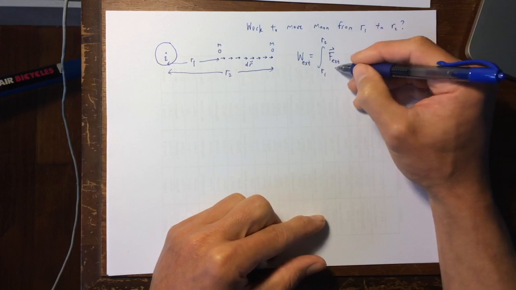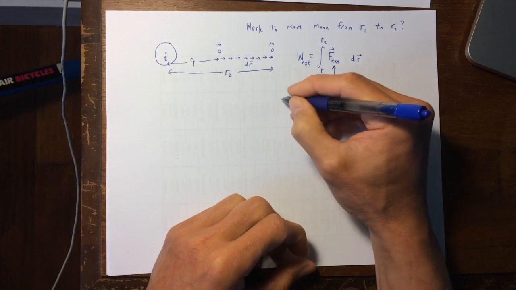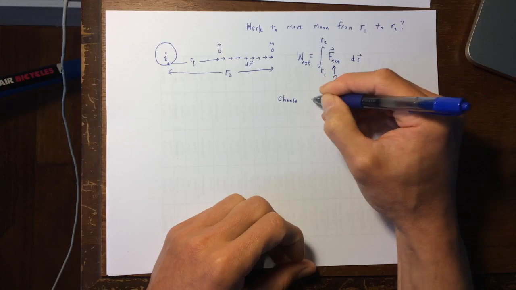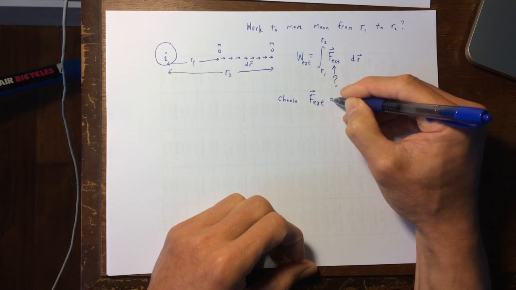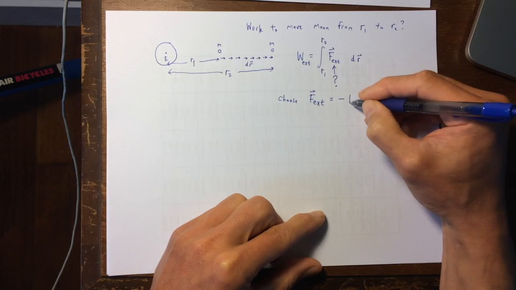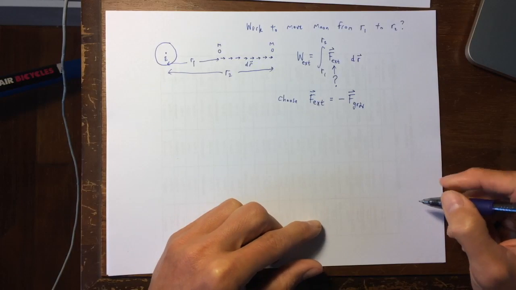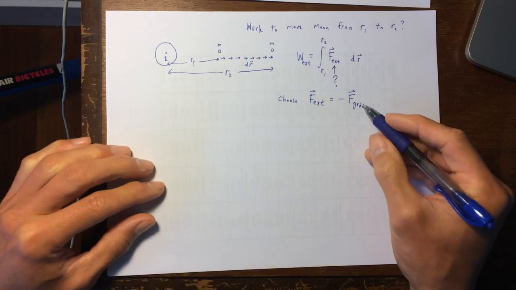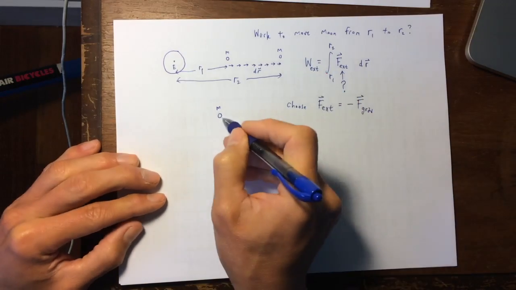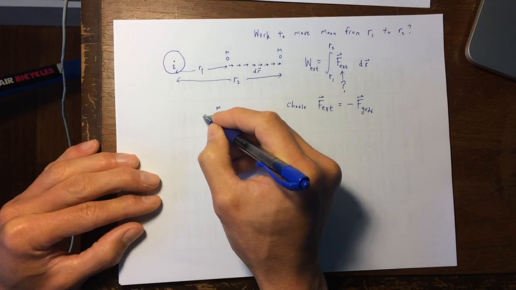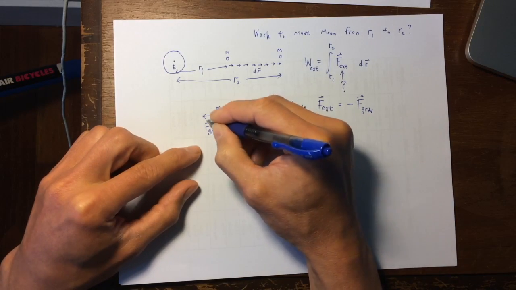So this external force, how do I understand it? Well, I'm going to choose F external to simply be the opposite of the gravitational force vector. The reason I want to do this is because as I move the moon, it is attracted back towards the Earth by a gravitational force.